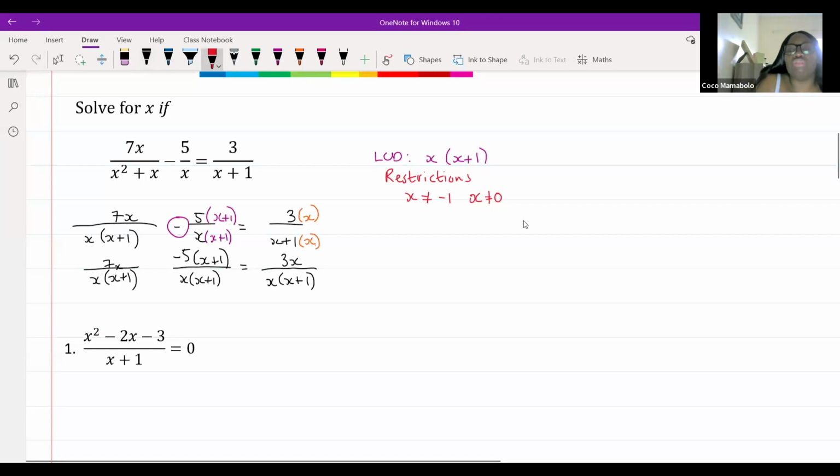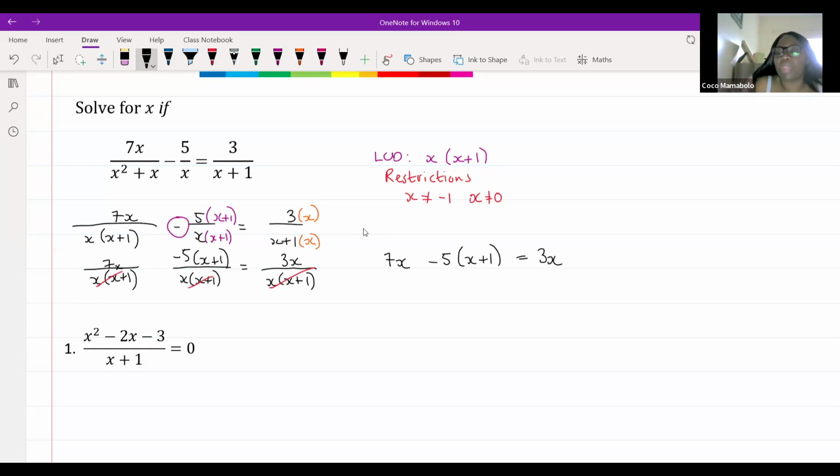If my denominators are all equal, then I can drop my denominators and I can just make my numerators equal to each other. So I can actually rewrite this whole equation just with the top. I can just write 7x minus 5 times x plus 1 is equal to 3x.